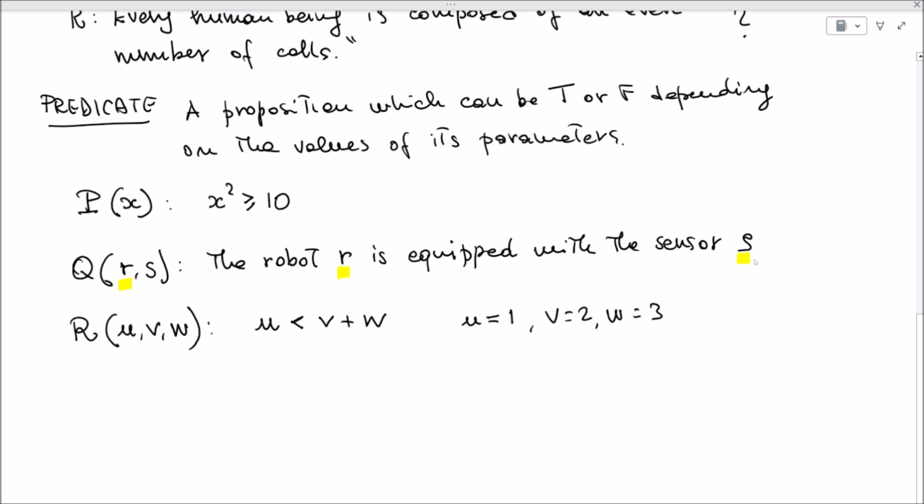We cannot say that the predicate is true or false, but we need to identify exactly the values of the parameters. However, there is a way of transforming a predicate into a proposition without specifying the values that the parameters are taking, and this is obtained by using the quantifiers.